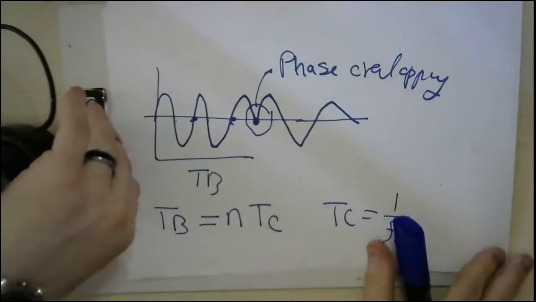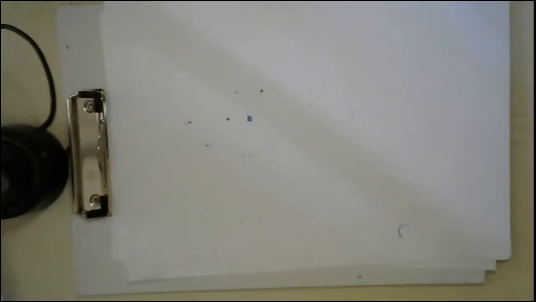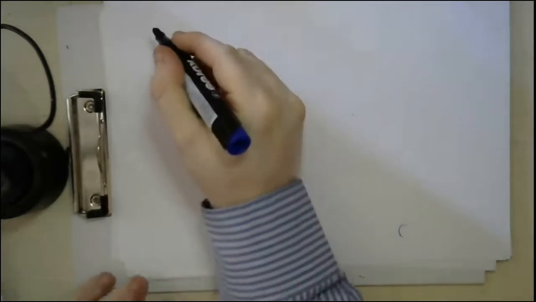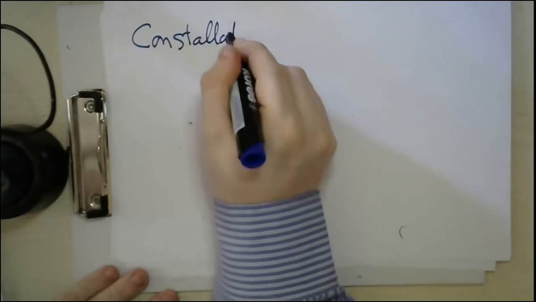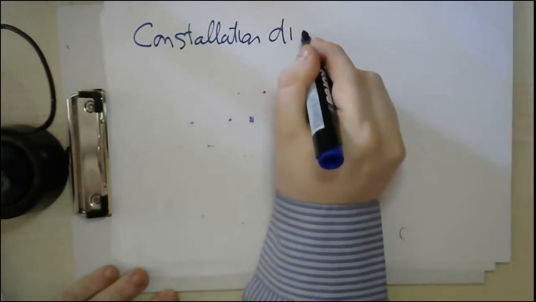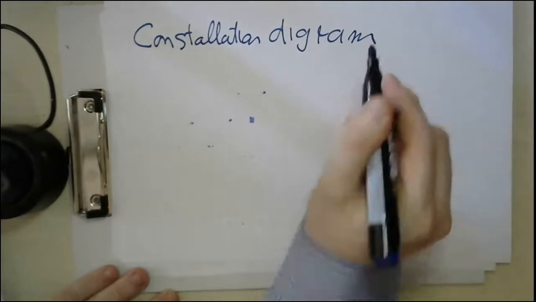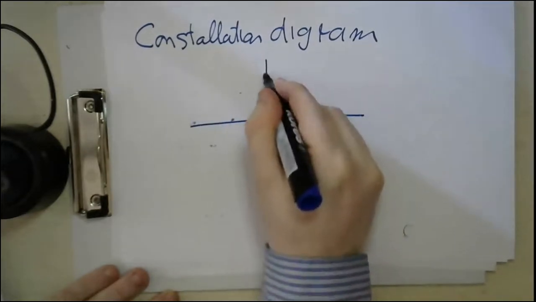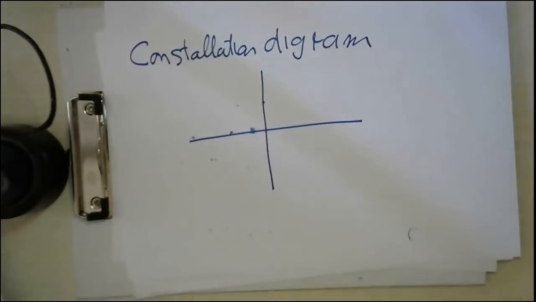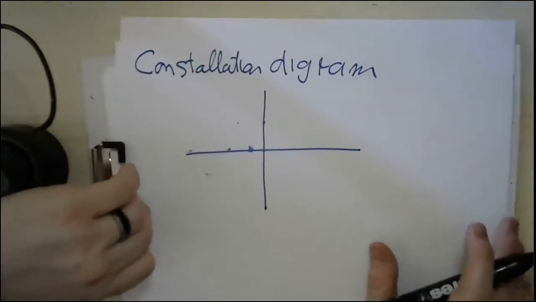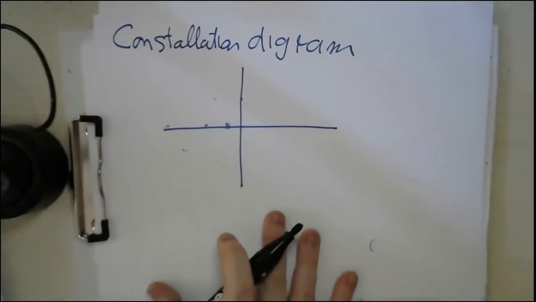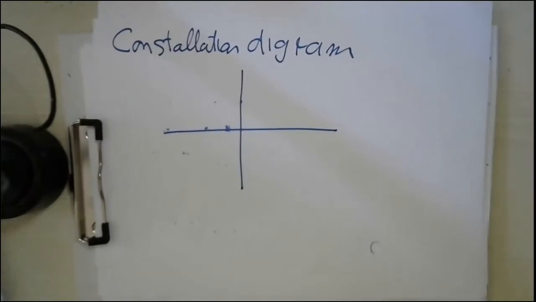But let's start the study. So the constellation diagram is simply a two-dimensional diagram in a polar format. Of course, you studied the polar format before in mathematics and other courses, but let's make a very quick flashback.